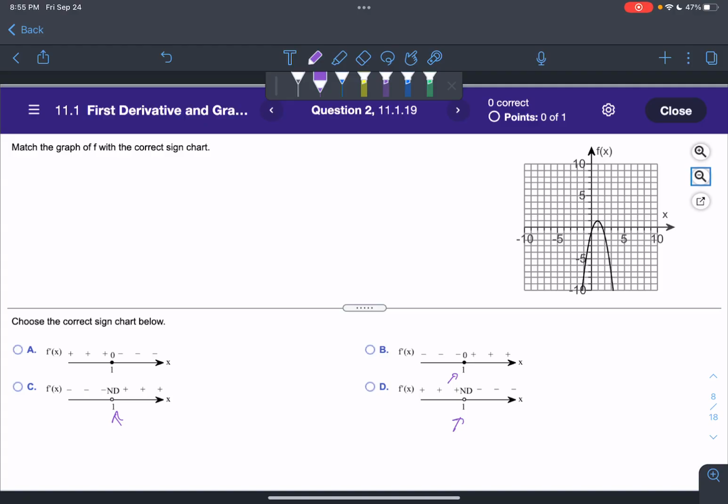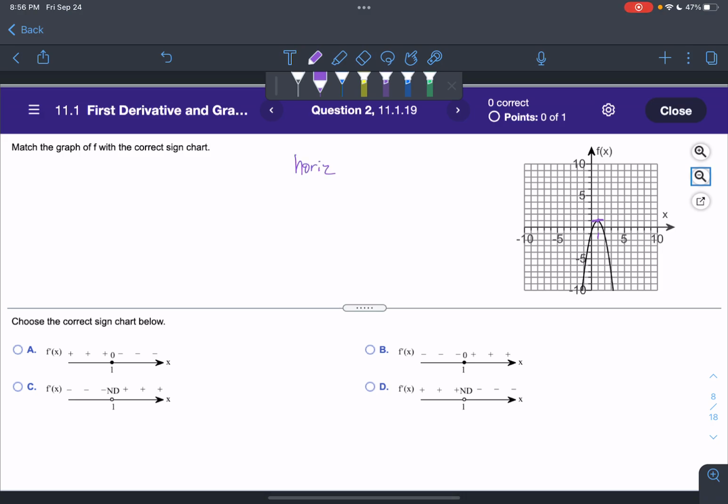We notice they all have these numbers 1, in which we care about the sign of the derivative before and after 1. So if we look at our graph, that corresponds to this point here, right, where we can verify that there's a horizontal tangent line.